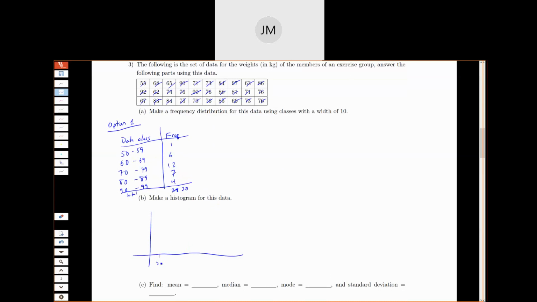So here's 50, 60, 70, 80, 90, and here's my frequency. Make sure I label that axis. These are going to be weight in kilograms.